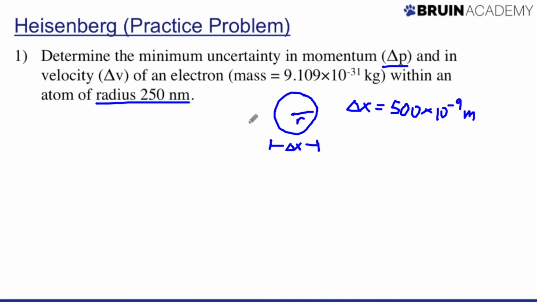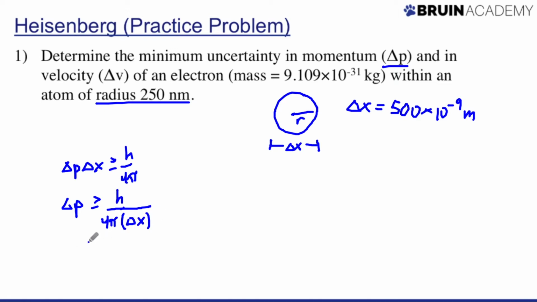So let's start with delta p. The first thing I do is identify this as a Heisenberg uncertainty principle problem, and I write the formula. Delta p times delta x is at least h over 4 pi. Then I isolate the variable that I'm looking for. Here it's delta p, so delta p is at least h over 4 pi times delta x. I know h, I know 4 pi, and I know delta x, so I can solve.